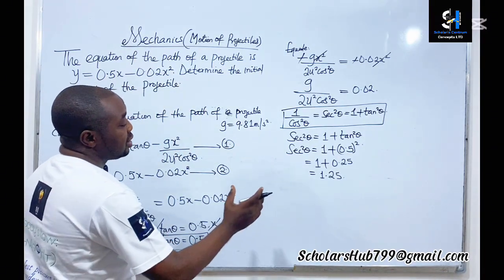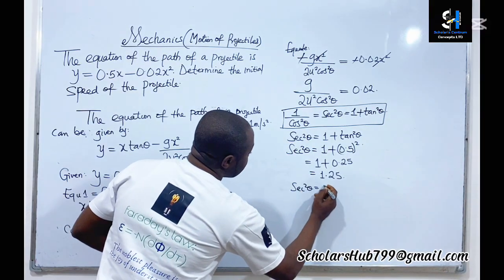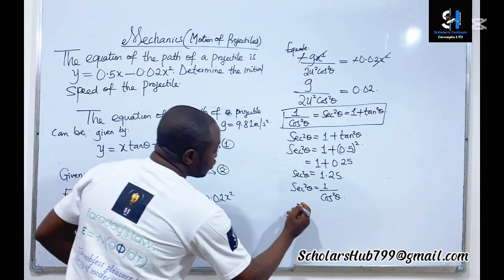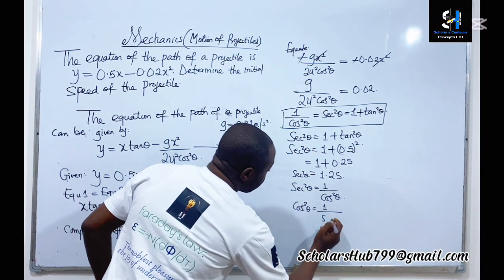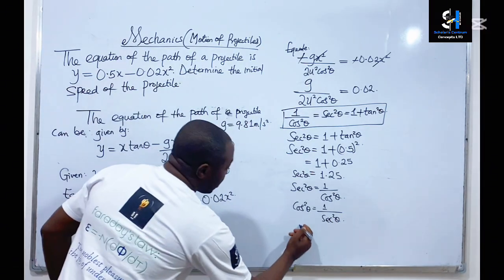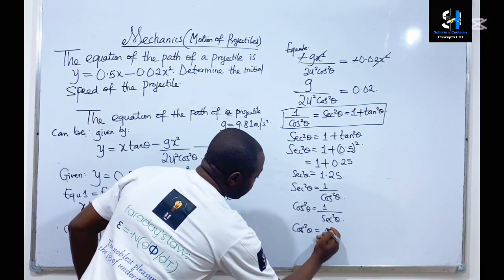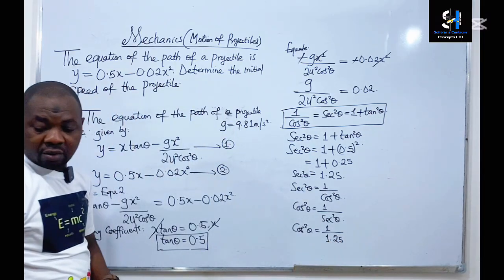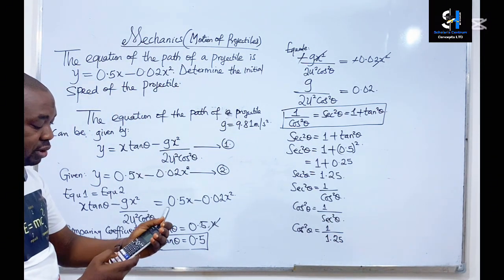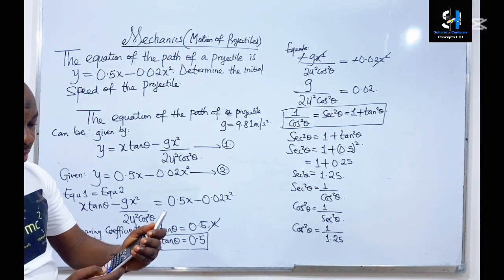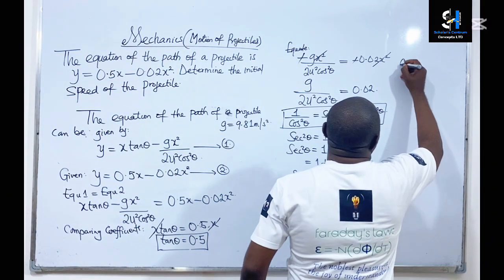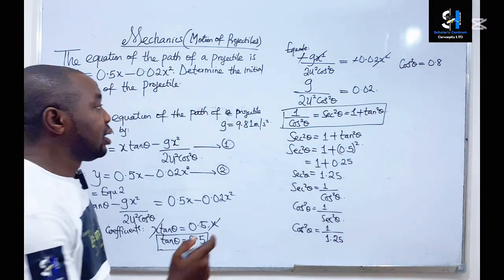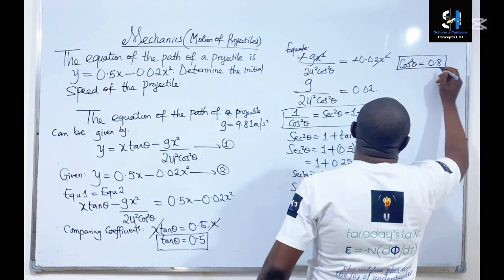Since sec squared theta equals 1 over cos squared theta, cos squared theta will be the reciprocal of sec squared theta, that is 1 divided by 1.25, which is 0.8. So cos squared theta equals 0.8.